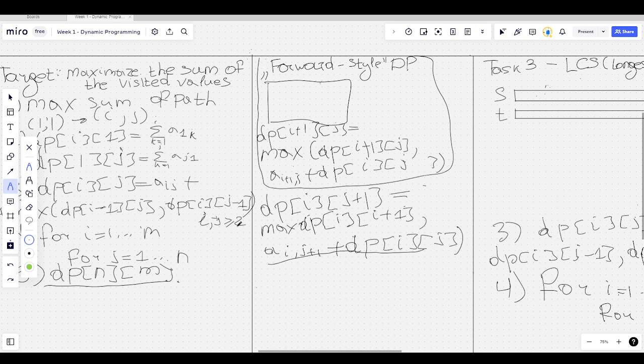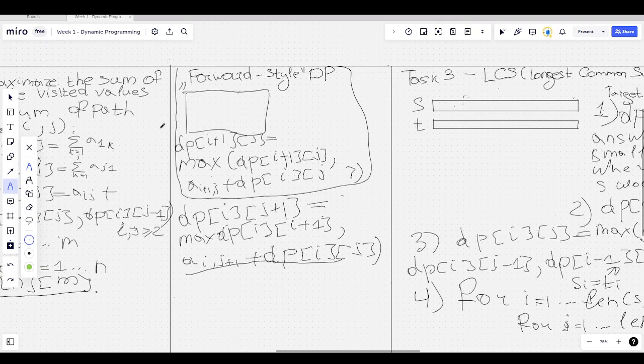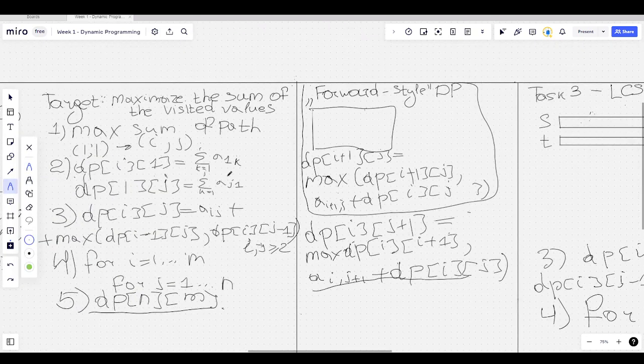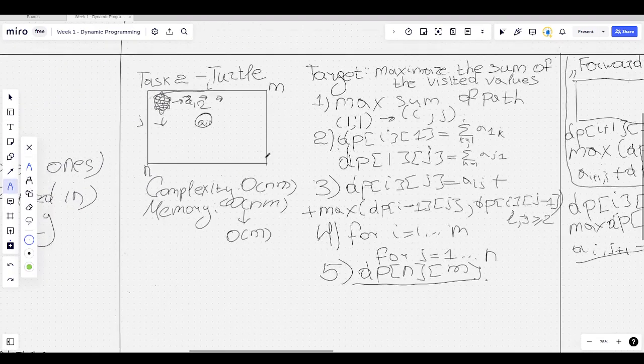The approach can be different, it can be forward style dp. What is forward style dp? Consider the following as a task with the turtle.